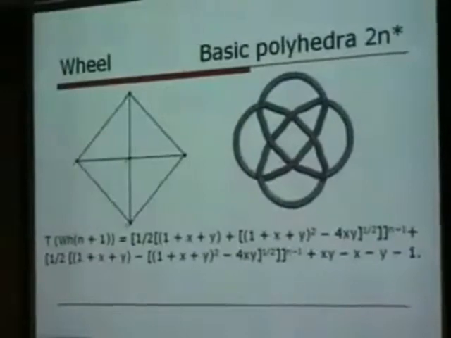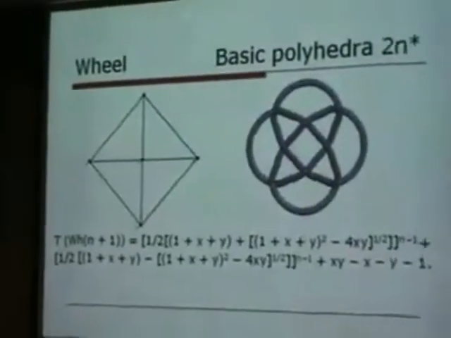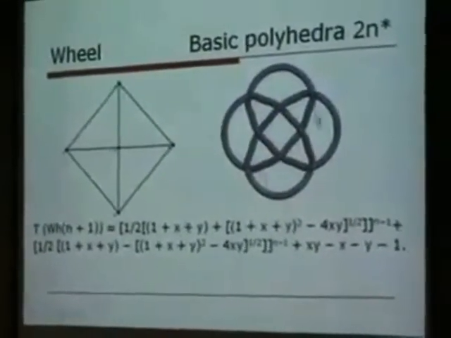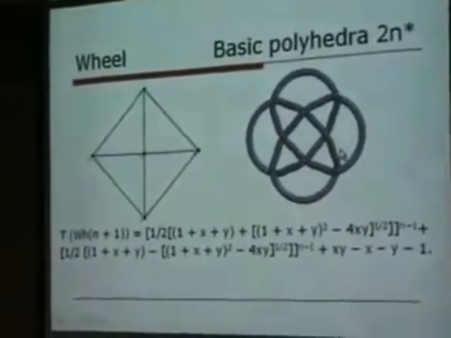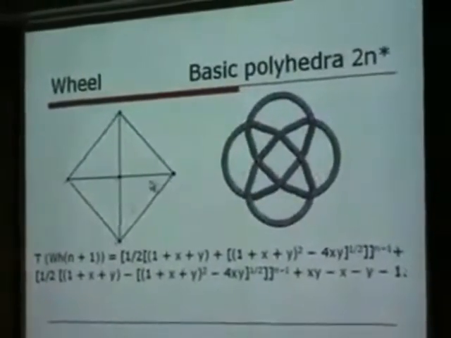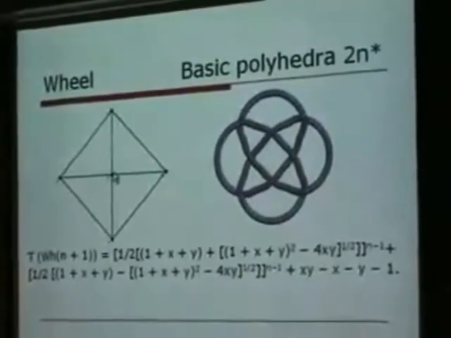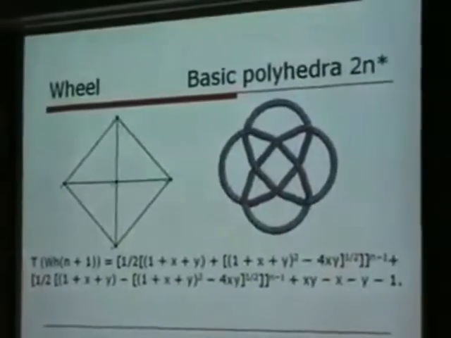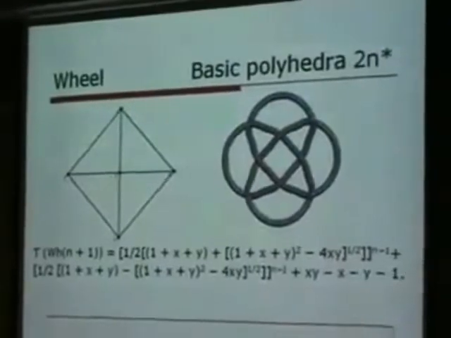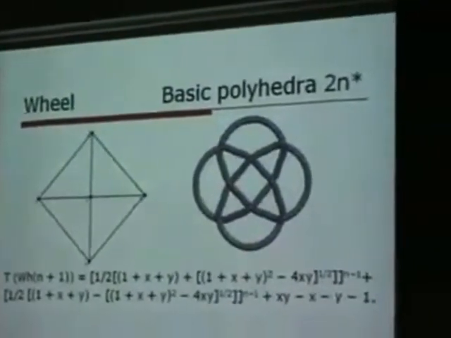Okay, time is running out. What we have on this side here is a basic polyhedral knot 8 star. What we have here is its corresponding graph, which you can think of as a pyramid which has a square as a base; you just lift this middle point up.